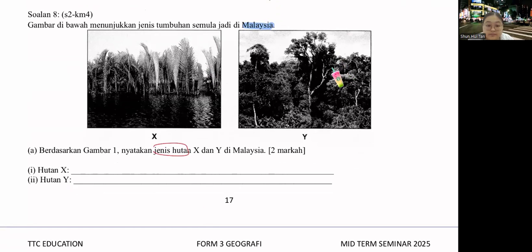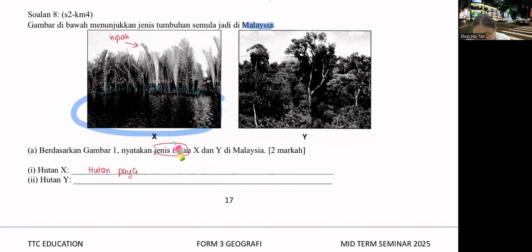Okay? Now, look at it. What forest? When you see water, this is hutan paya. Okay, swamp. Because this is pokok nipa. All right. Then, oh, paya air masin or paya air tawar.